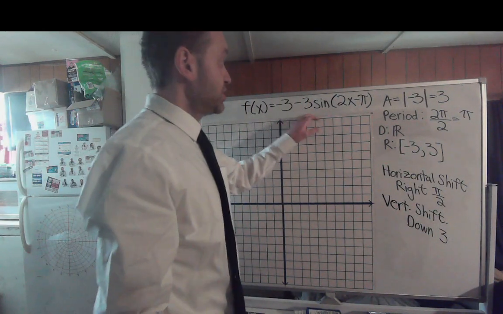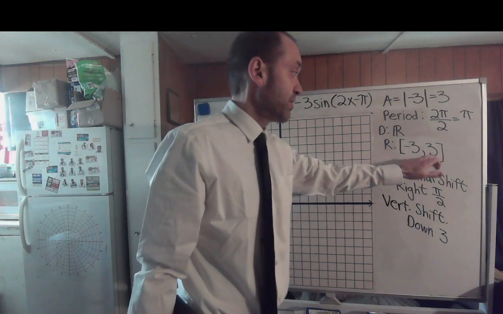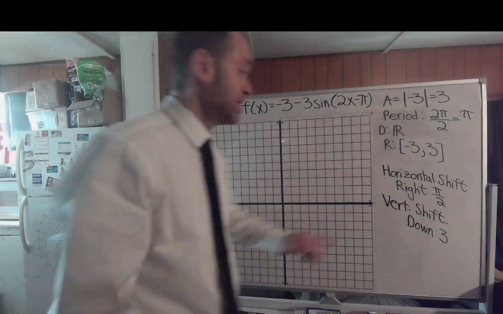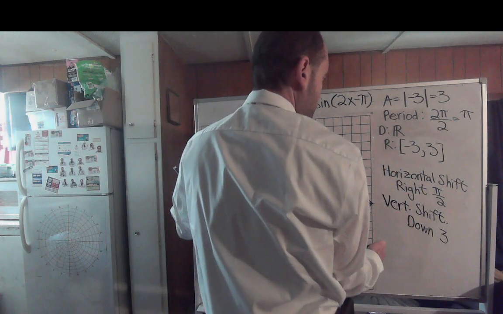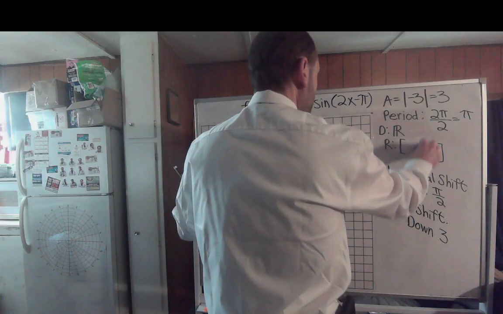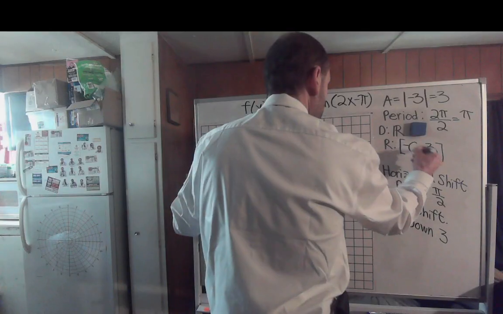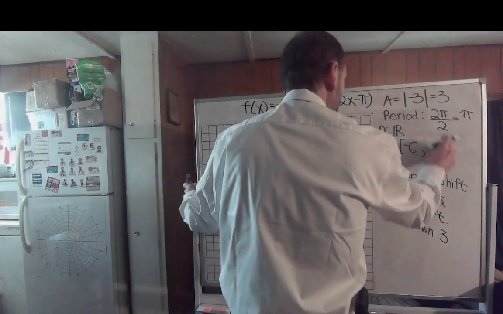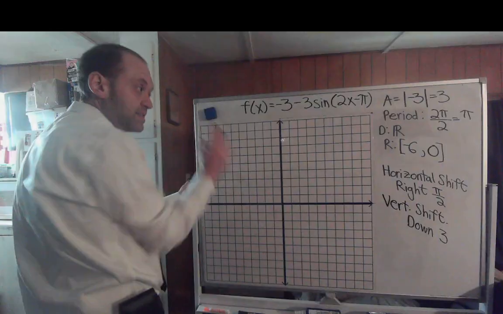Well, that amplitude being 3 made your original range negative 3 to 3. However, you're shifting down another 3 units. So you need to subtract 3 from each of these numbers of the range. If I subtract 3 from negative 3, I'll get negative 6. If I take negative 3 plus 3, I'll get 0. So my real range just became from negative 6 to 0.